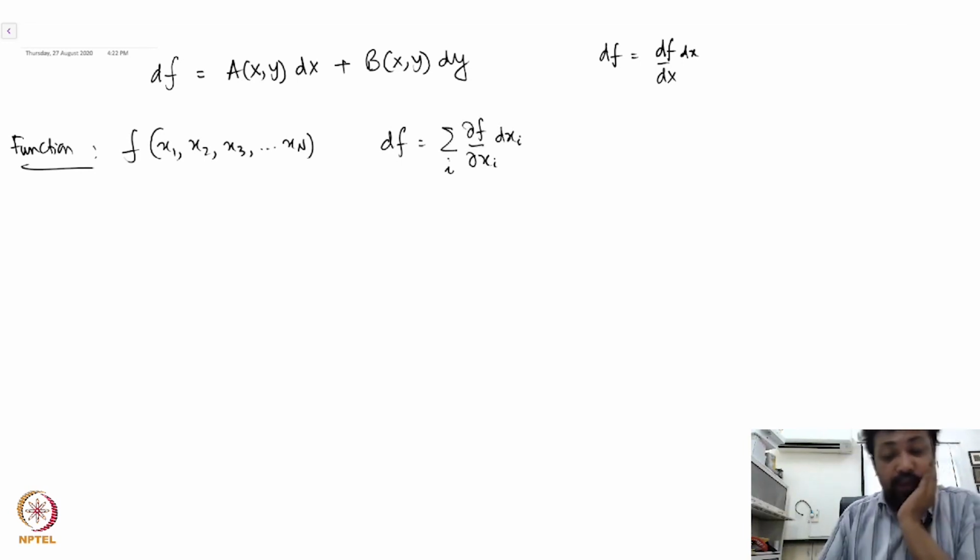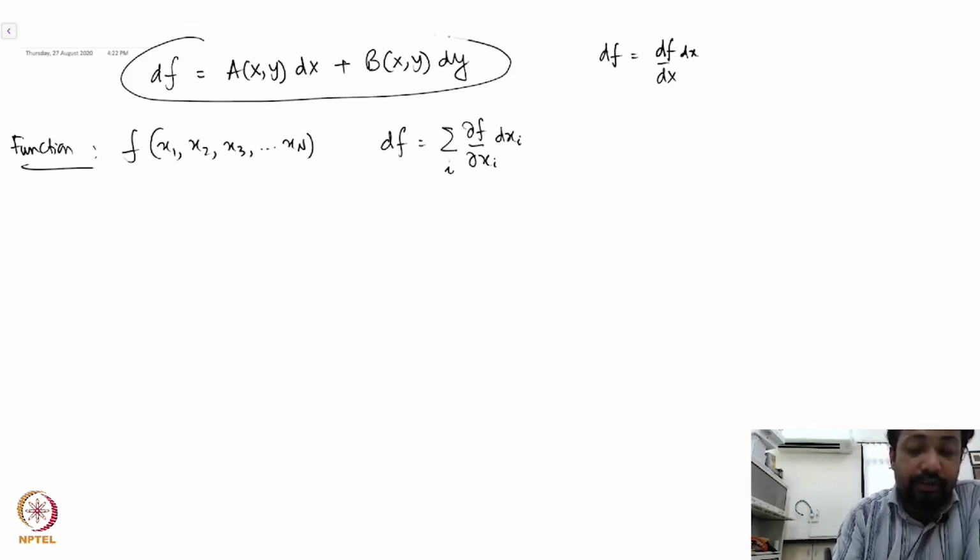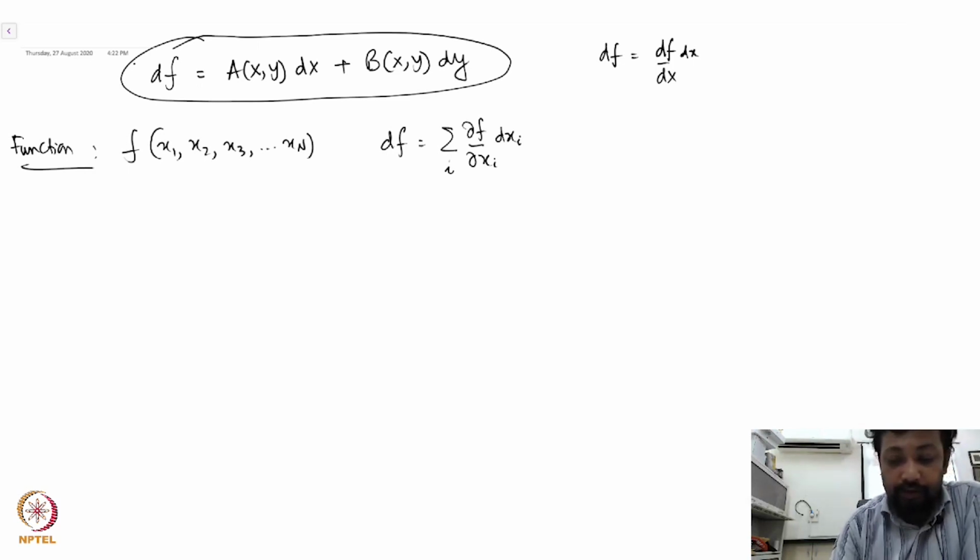And this is exactly what has been written over here. If I draw the analogy with this, then it immediately follows that ∂f/∂x is a(x,y) and ∂f/∂y is b(x,y).